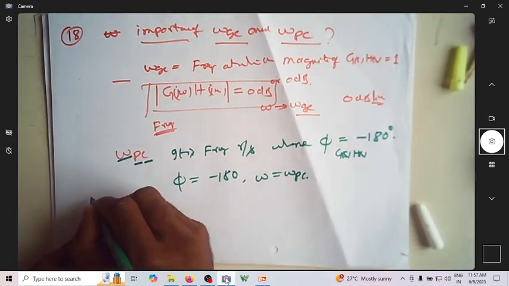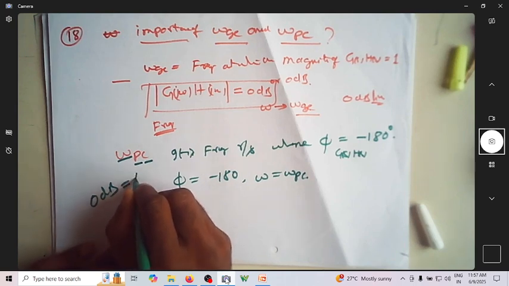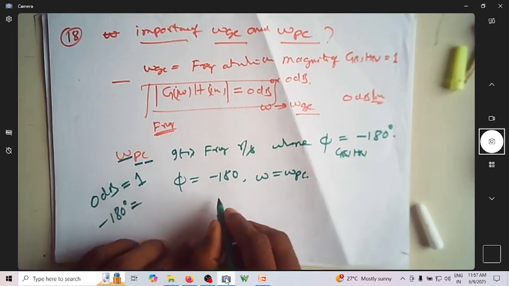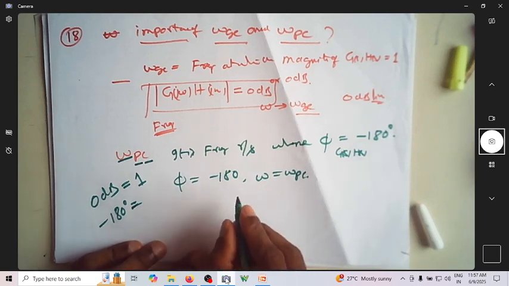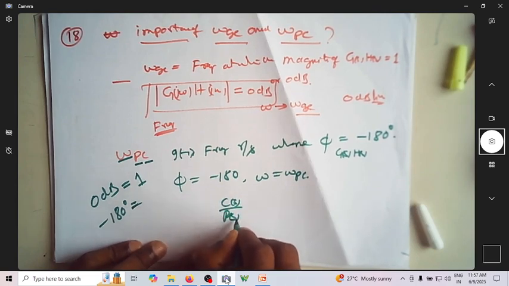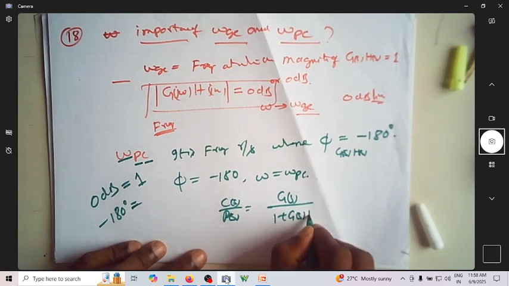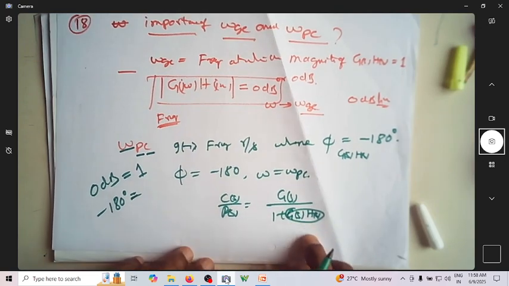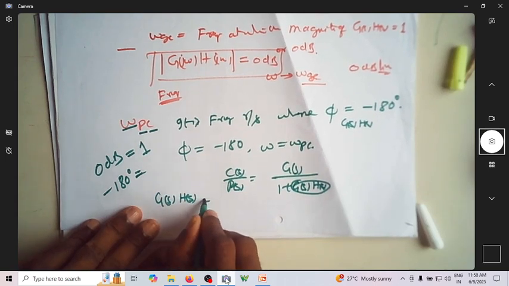Why are we looking at 0 dB of magnitude, which corresponds to 1, and minus 180 degrees? Because we are looking at whether the system is oscillatory or not. Consider C(s)/R(s), which is G(s) by 1 plus G(s)H(s), where G(s)H(s) is the open loop function.